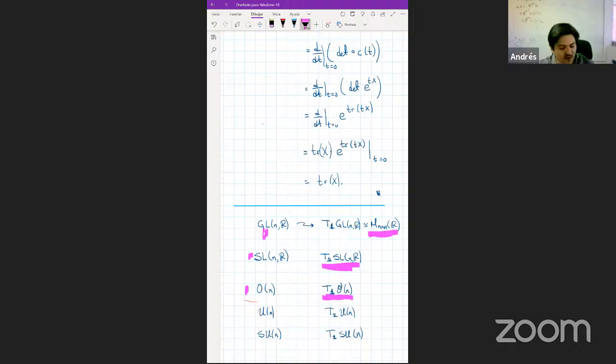So we are going to describe what type of matrices we have here and here. We know that this is a subspace of n by n matrices, but which ones? Okay.